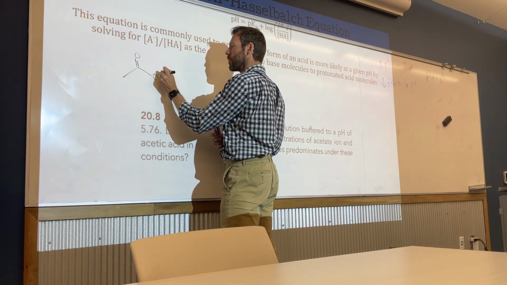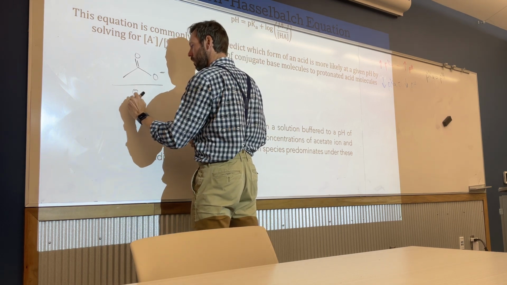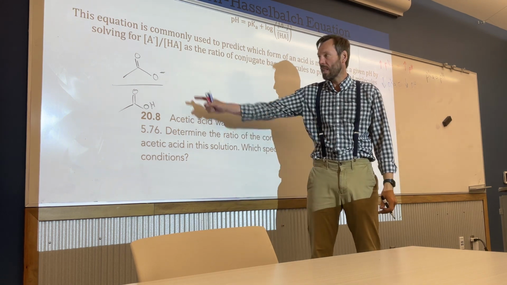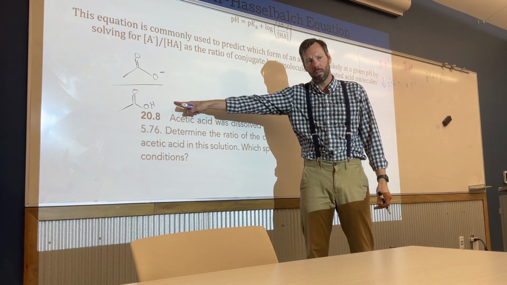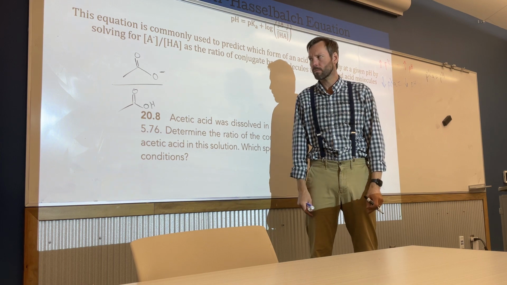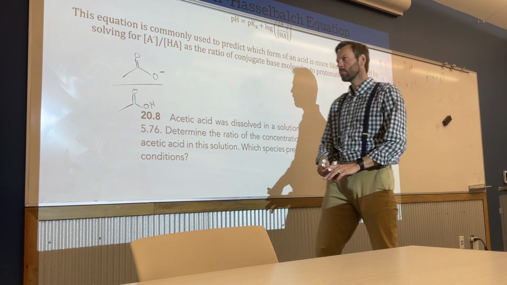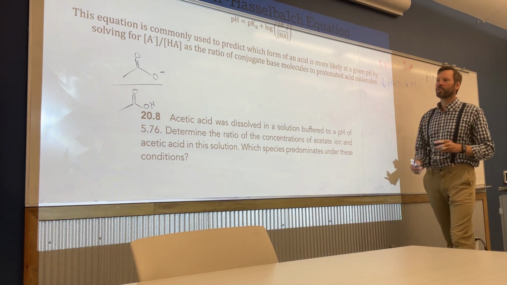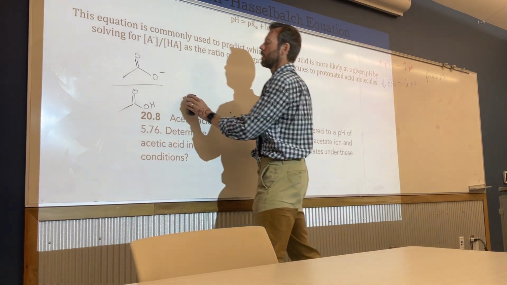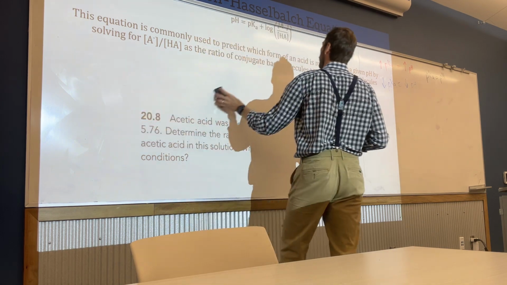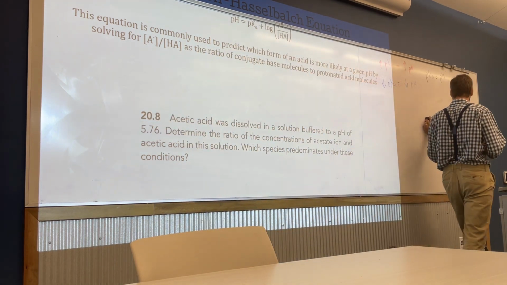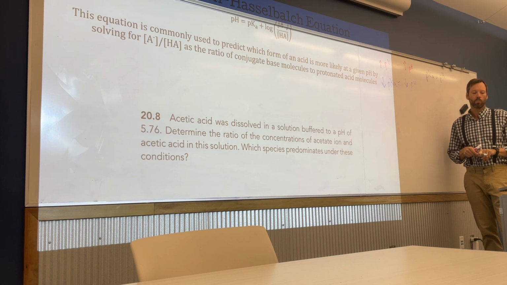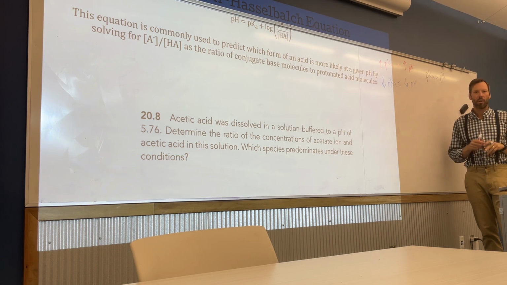Whatever that concentration is, over this here. Right? That would be A minus, that would be HA. Now, we can further simplify this by getting rid of the function, getting rid of that log, and doing a little bit of algebra.